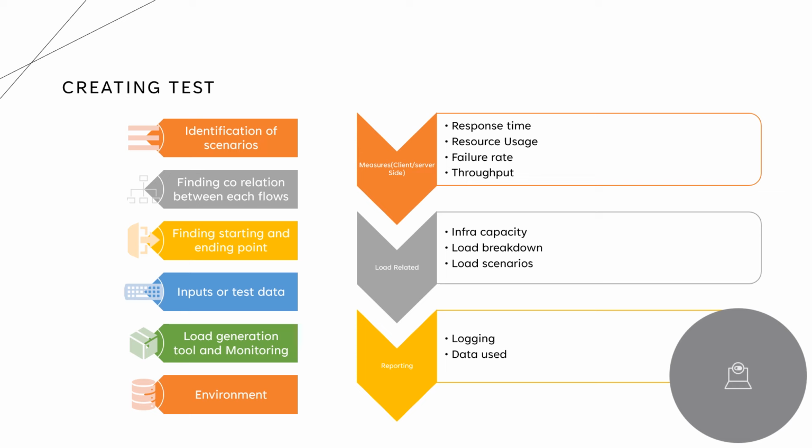We call it ramping up the users, at specific intervals, which is one of the ways we do the testing. There are other cases where we spike the user capacity as well. For load breakdown, we have to look at the scenarios and see how the load will impact the system.